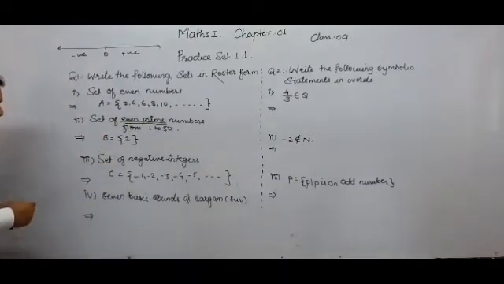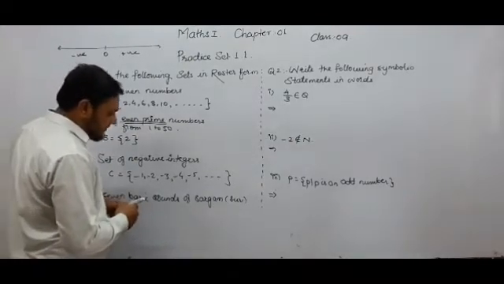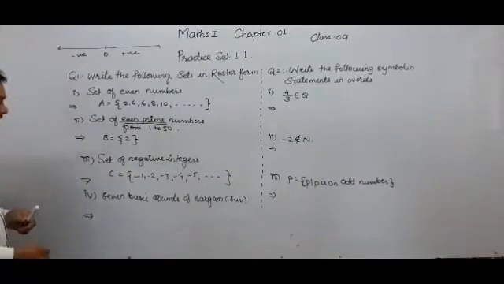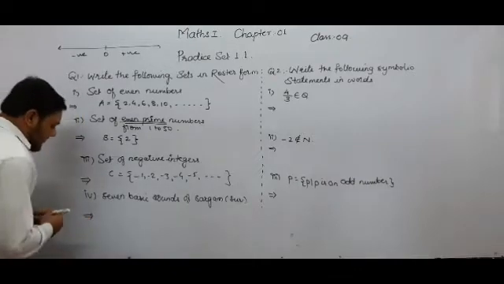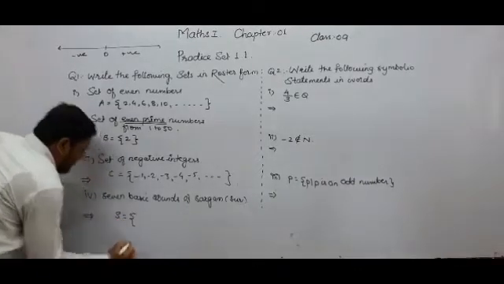So students, now the next set is the set of 7 basic sounds of sargam, that is sur. We know that in our music there are 7 sur or 7 sargam which are called the 7 basic sounds of music. So we will represent this set by S. S equals curly bracket.